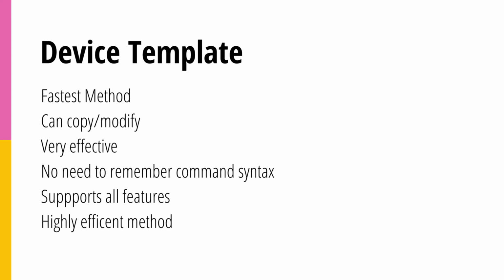You fill in the values and apply that template to the Cisco SD-WAN solution devices like vEdge, cEdge, ISR series routers which are supported, plus other supported devices. It's a very fast method. You can create one template and modify it anytime. You don't need to remember any kind of syntax. It supports more features and is very highly efficient, which means you can apply it to as many devices as you want.